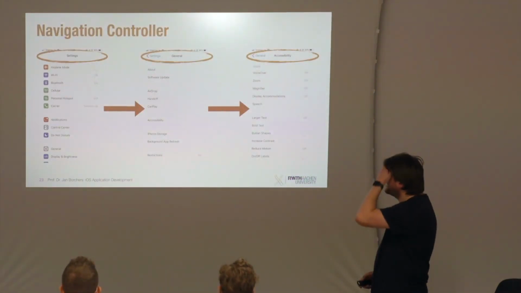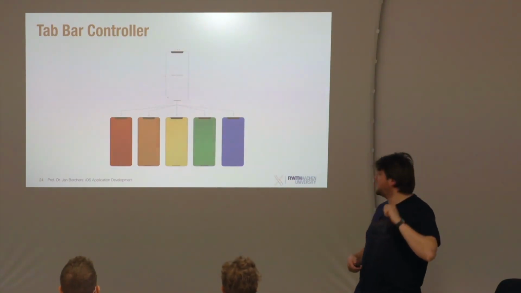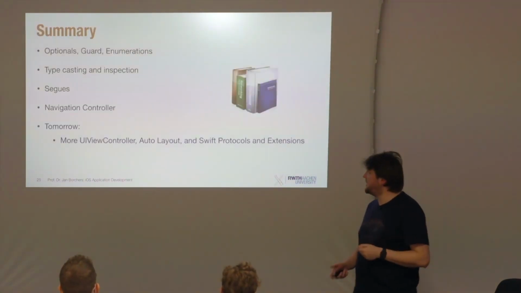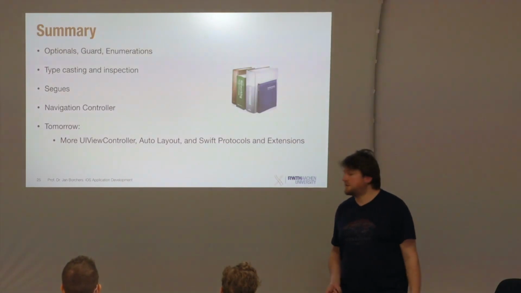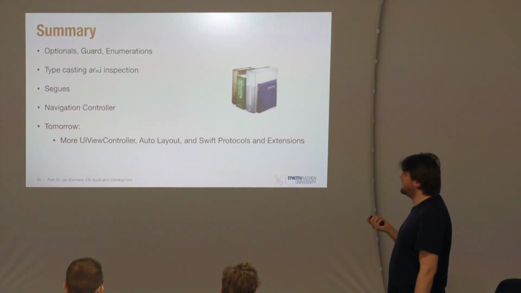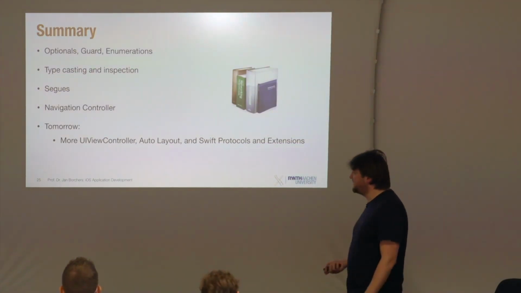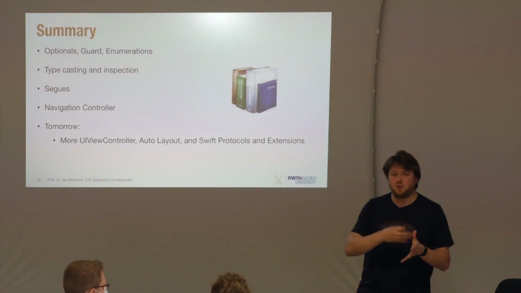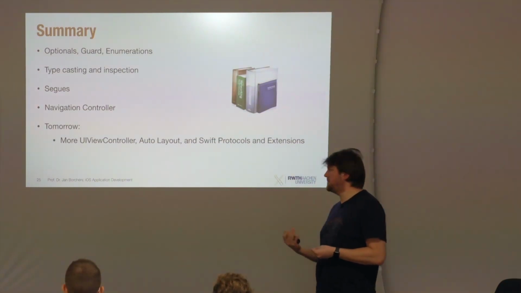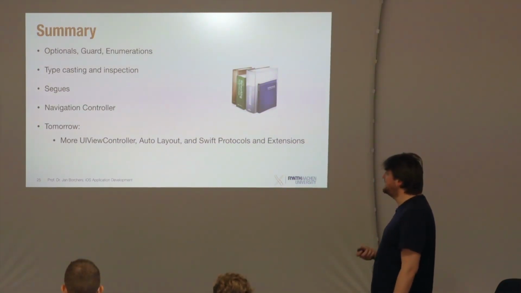So segues, navigation controllers, and tab bar controllers are what we talked about. And other than that, today we spoke about optionals, guard, and enumerations on the Swift side. So how to create properties that can also be nil and how to work with those.